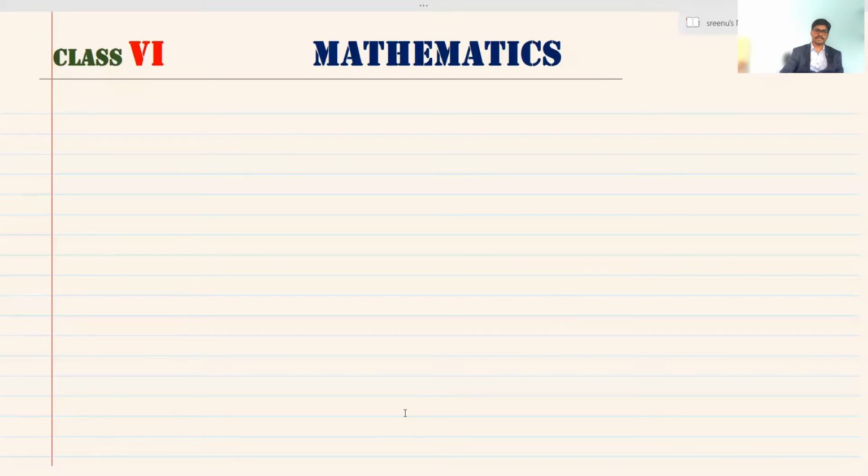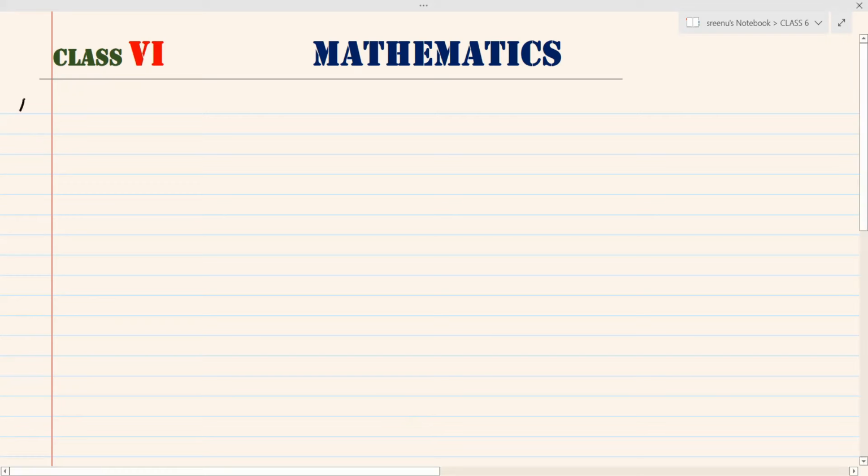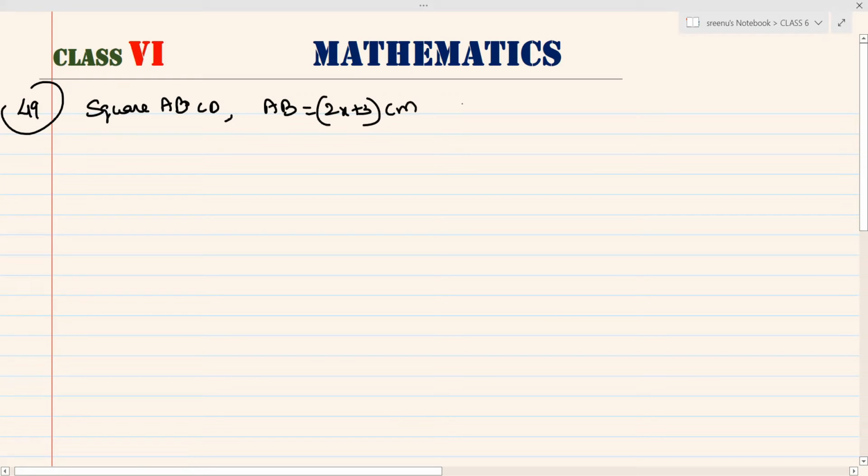Okay, please check. The question number 49 is like this. In a square ABCD, AB is equal to 2x plus 3 centimeters. BC is equal to 3x minus 5 centimeters. And what is the value of x?